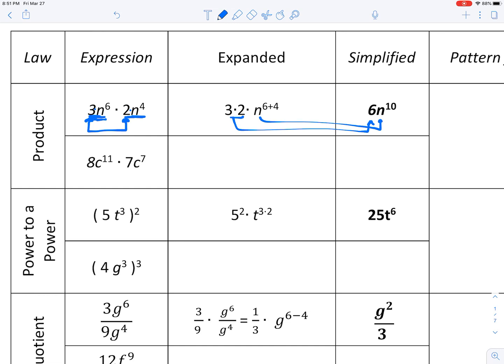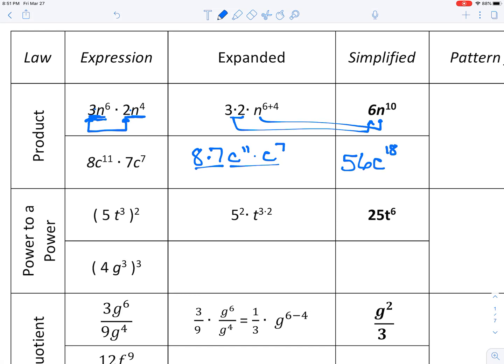Similarly, 8c to the 11th times 7c to the 7th, I can multiply 8 times 7, c to the 11th times c to the 7th. I put them all in one line, and then I gather the terms in groups. 8 times 7 is 56. And then c to the 11th times c to the 7th is c to the 18th.